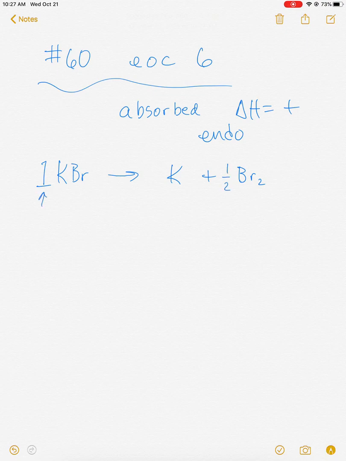So we're just going to fictitiously say that we want half of a molecule there. And that is delta H equals positive 394 kilojoules.